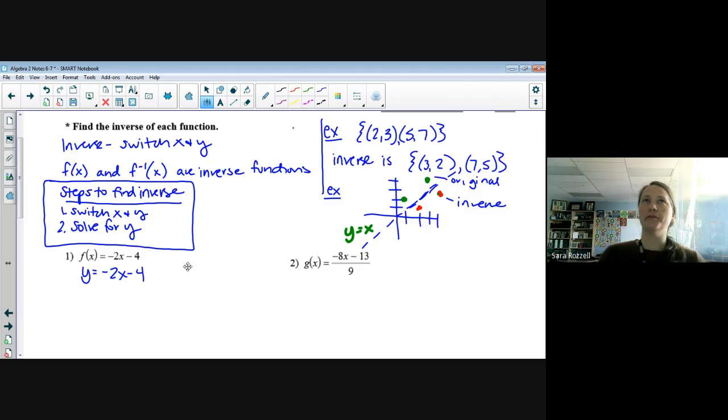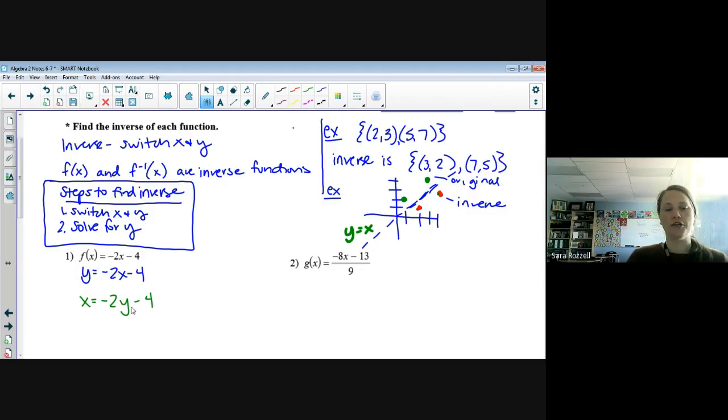So now with our problem, we're going to follow our steps: switch our x and our y, and then we're going to get the y by itself. Where x was becomes y and vice versa. So we're going to do step 1. We're switching them. So x equals -2y minus 4. Everybody okay with that?